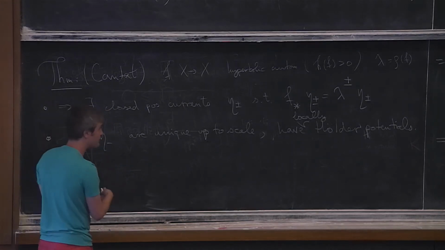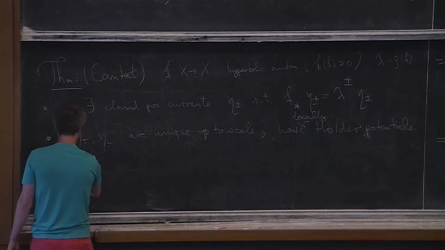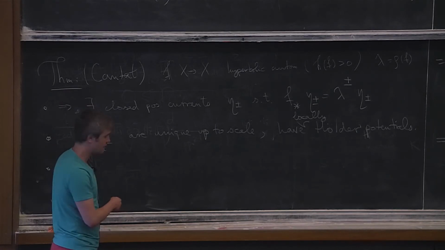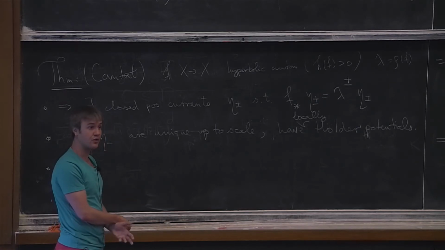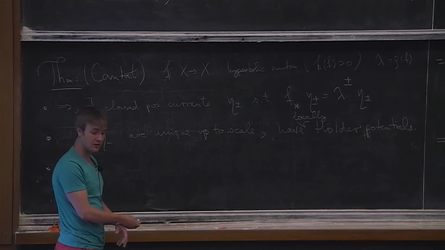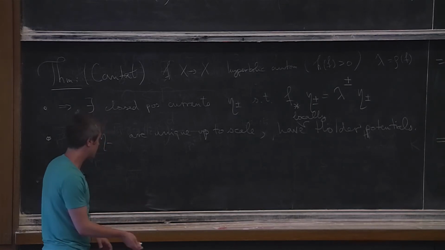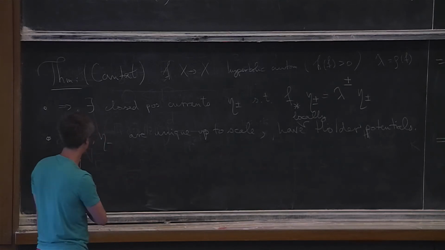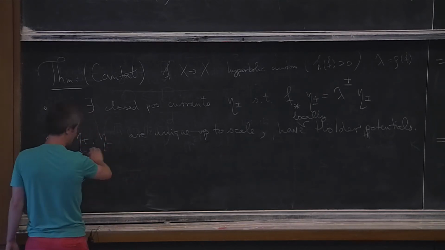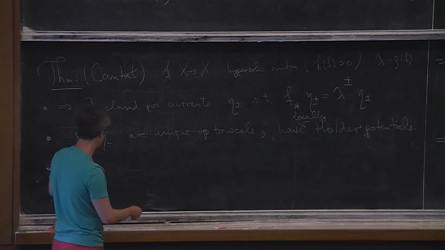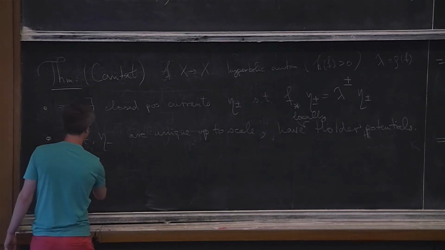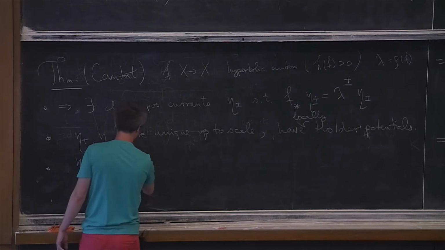However, once you have these Hölder potentials, you can define products. As Giovanni emphasized, you cannot take the product of two currents in general. You cannot multiply the delta function at 0 with itself. But with certain better behaved currents, you can do that, and these currents in fact allow a process of multiplication. What's true is that if you square them, you get 0.